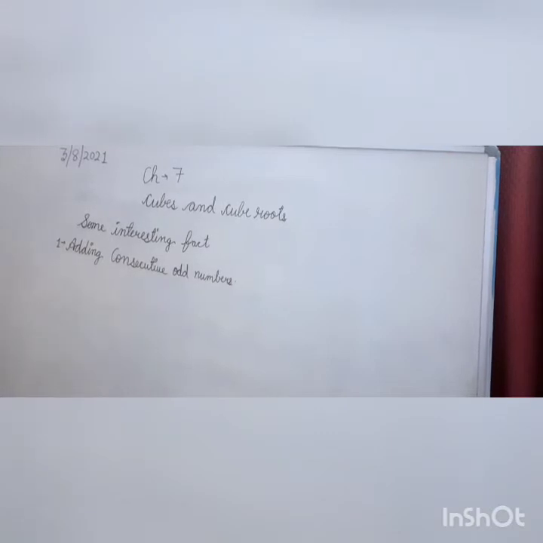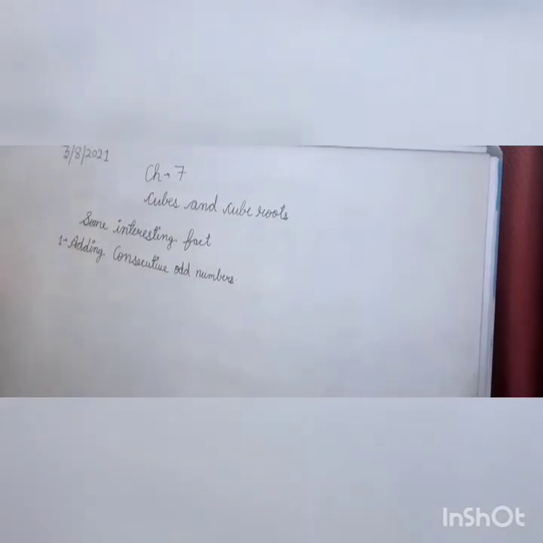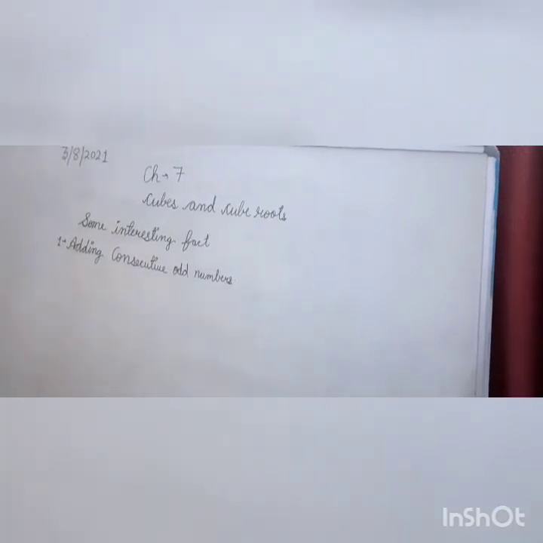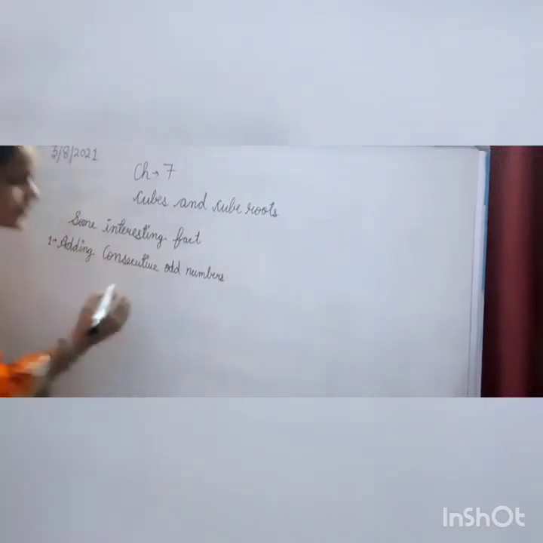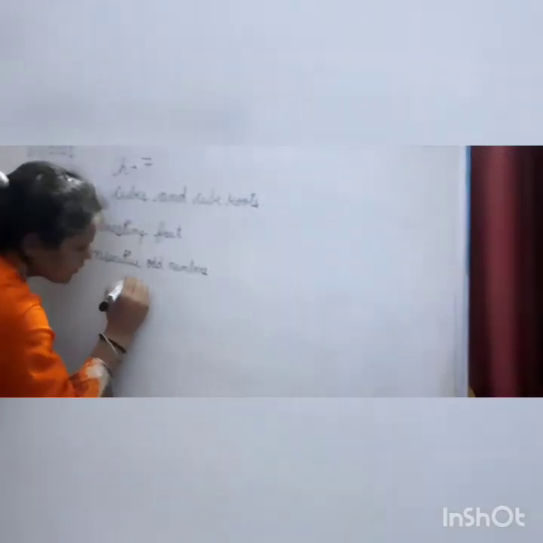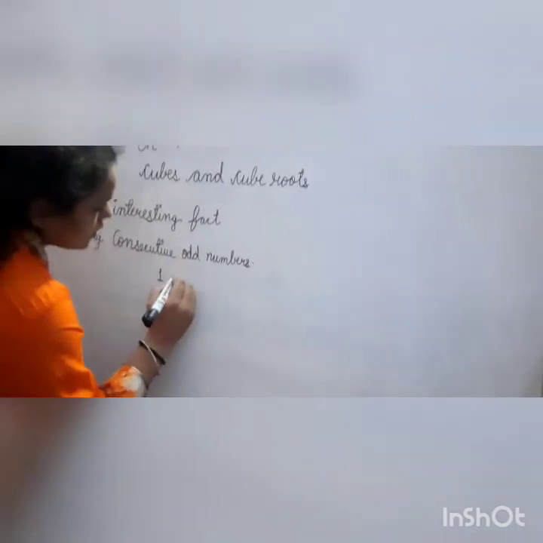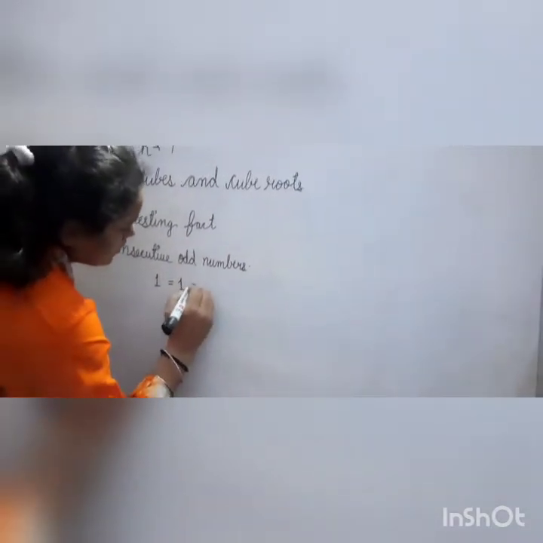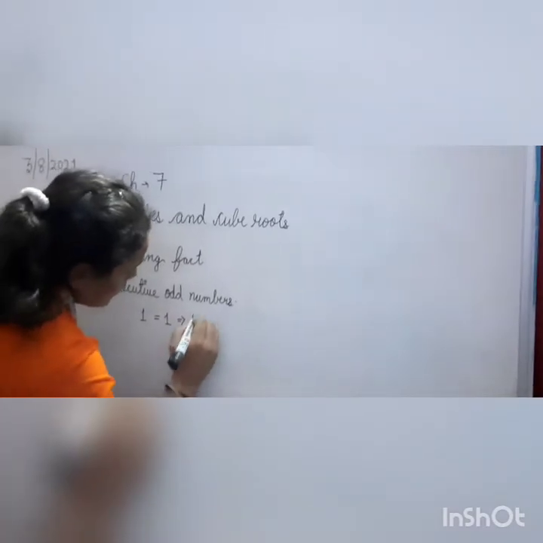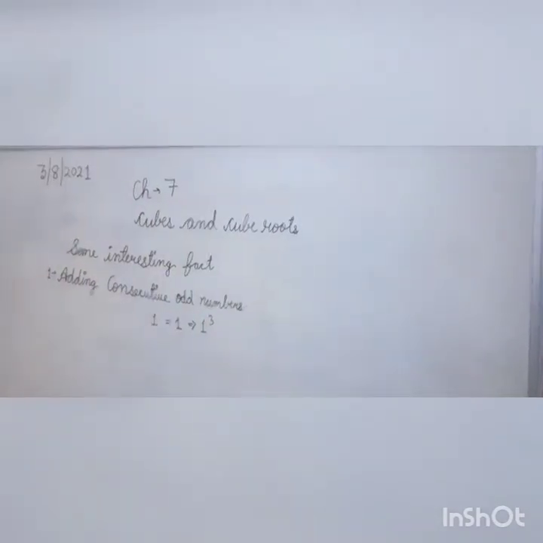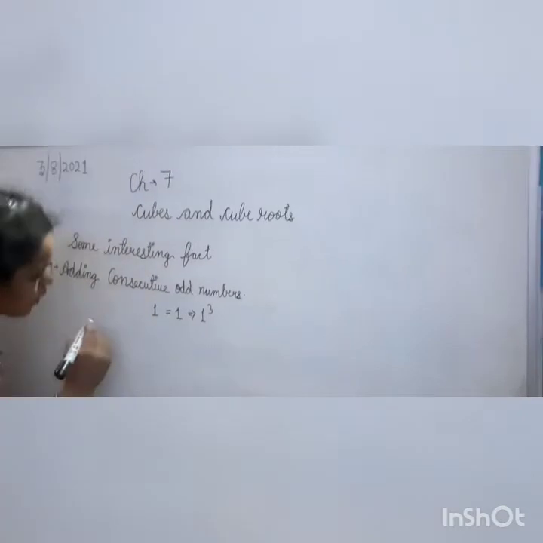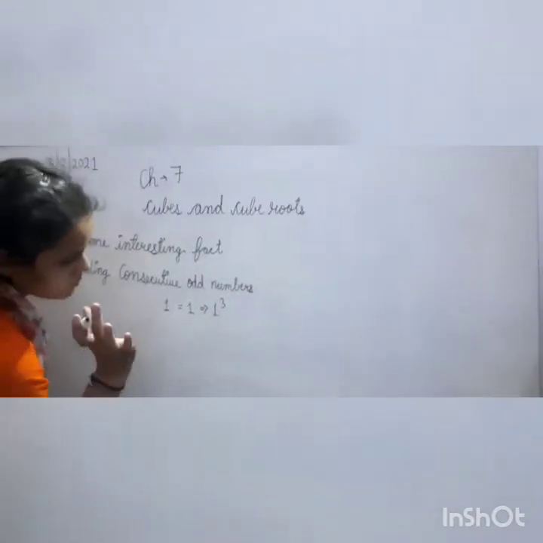We will follow the pattern of the sum of odd numbers, like this. 1 is equal to 1 to the power 3. Okay class. Now second, 1 is an odd number, you have to write this.